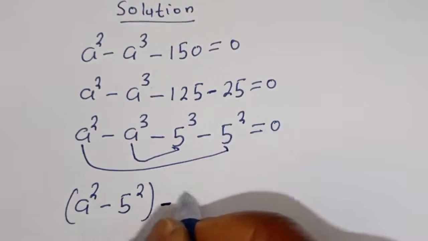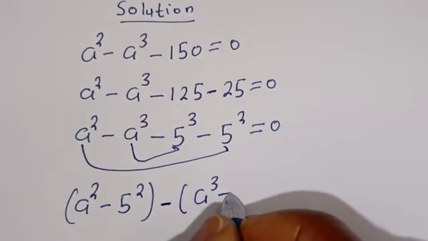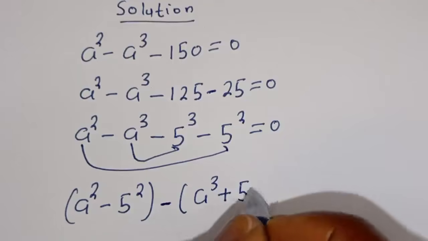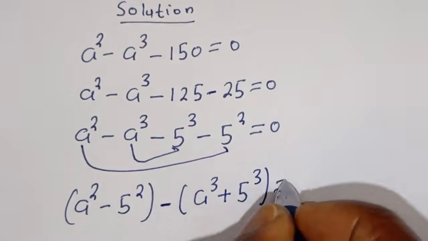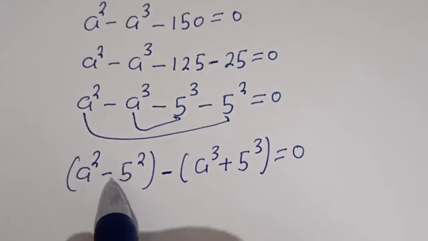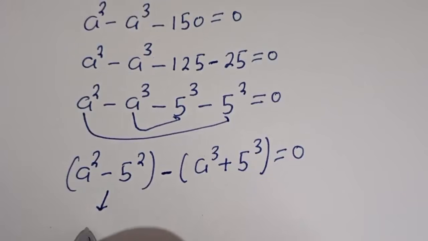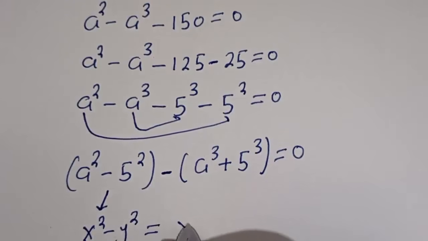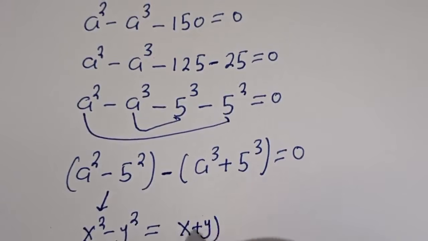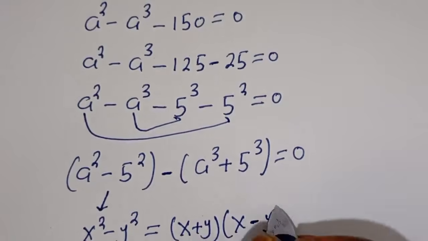Then minus here will be a to the power of 3 plus 5 to the power of 3 is equal to 0. Now, if you look at this, this is in the form of a difference of squares, which can be written as: if you have x squared minus y squared, this is equal to x plus y bracket x minus y.